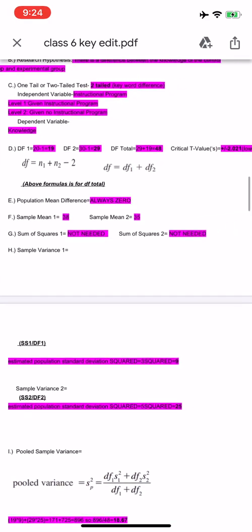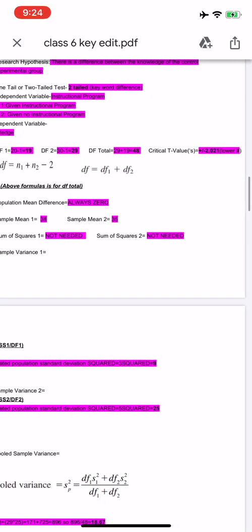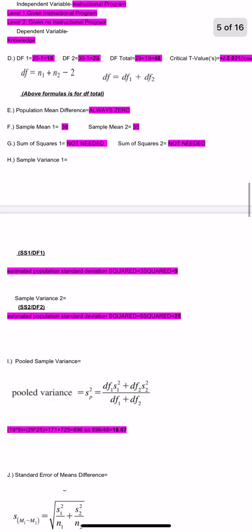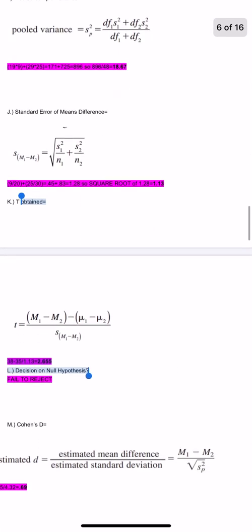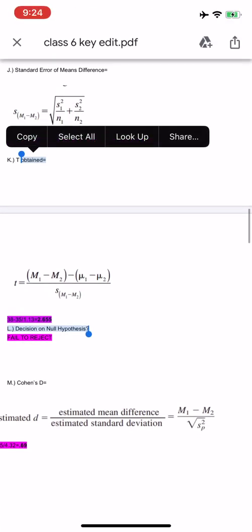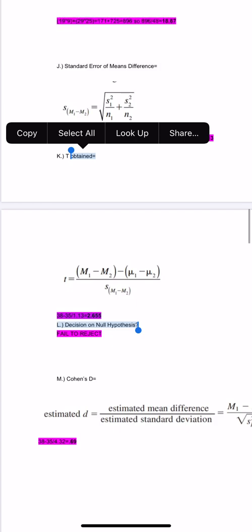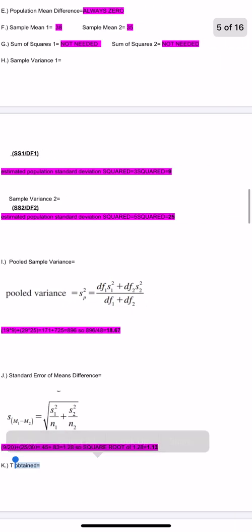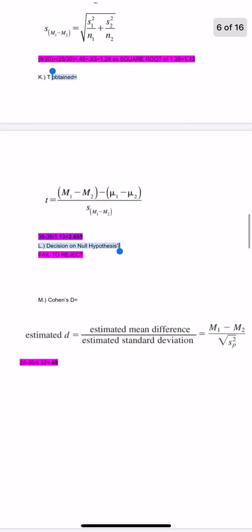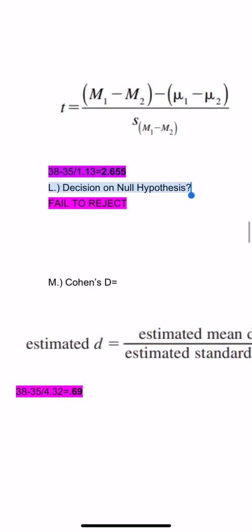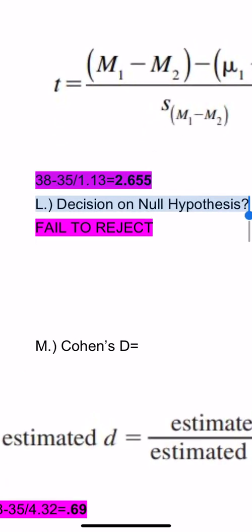2.655 compared to 2.021. Are we failing to reject? No, we are going to reject. I will fix that on the answer key, but this is wrong.